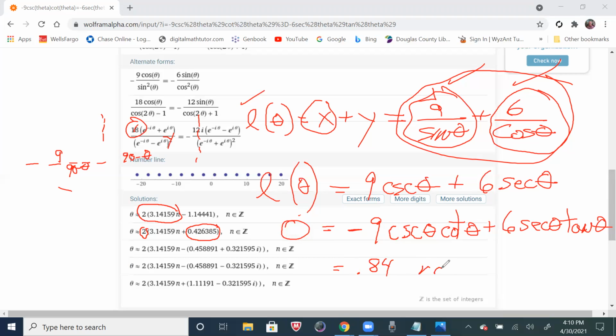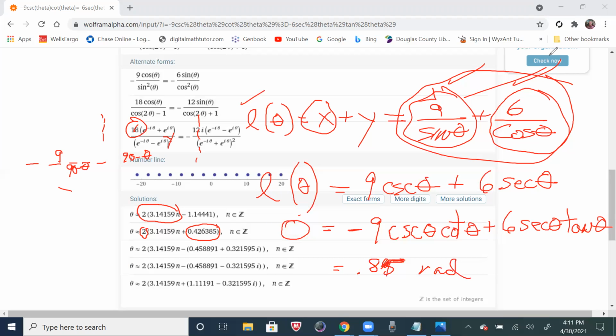We're in radians. We're still under 90 degrees, which we want. And now plug this in, 0.84 radians. Let's make it 0.85, it's closer to 0.85 than 0.84. Into this equation to figure out what x plus y is.